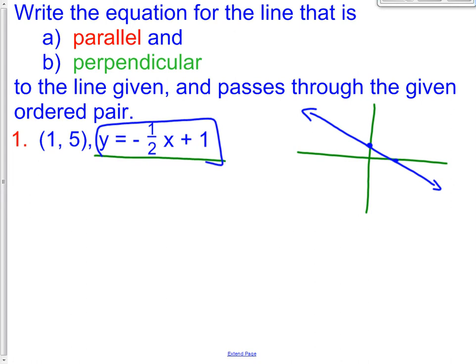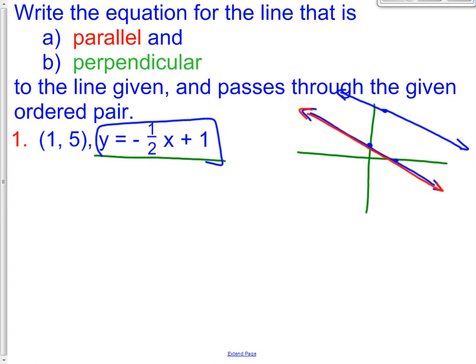What we want to do is find a line that is parallel to that one that goes through the point (1, 5). So let's just say (1, 5) is right about there. I want a line that is parallel to this one, so if I were to put it on a graph, it should look like this. I also want one that is perpendicular to this red line.